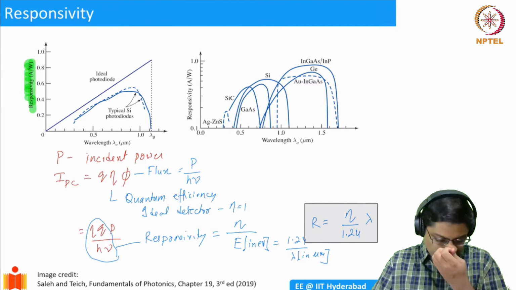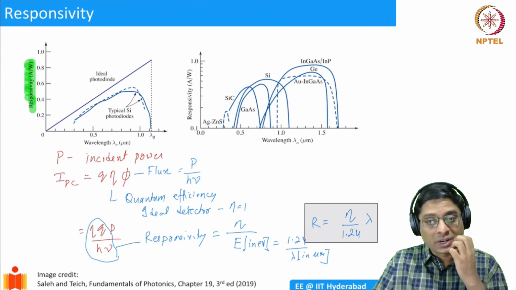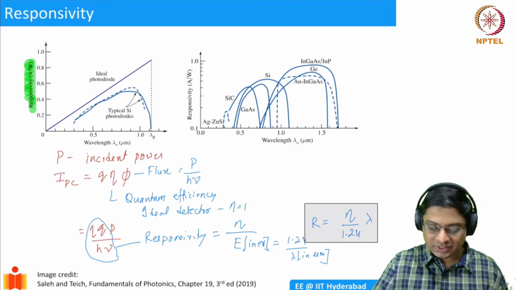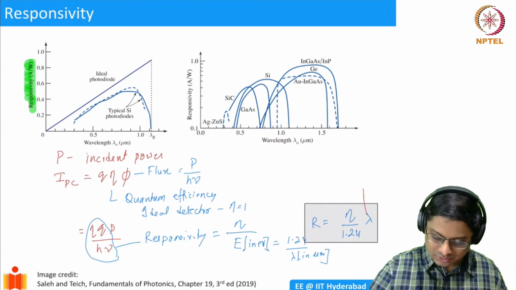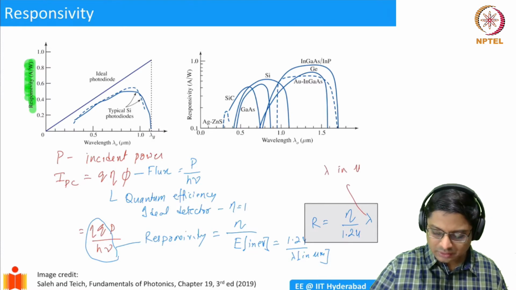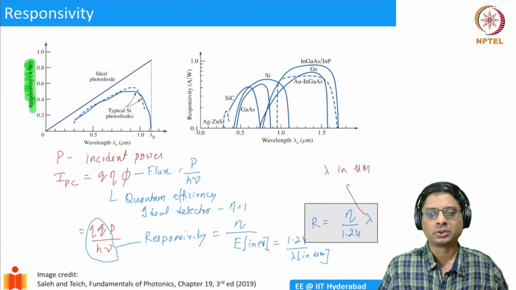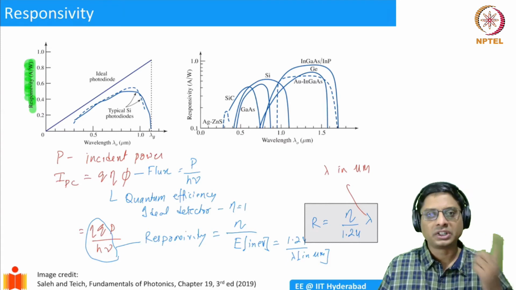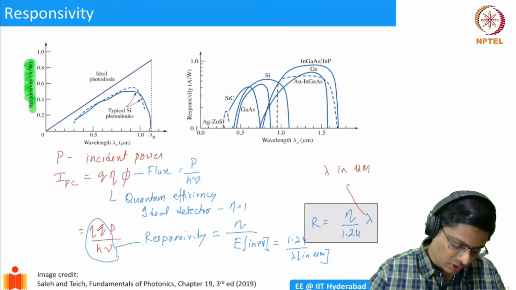So if you have lambda equal to 1.24 microns, this is lambda in micrometers, responsivity is going to be 1. And that is what is shown on the graph here.